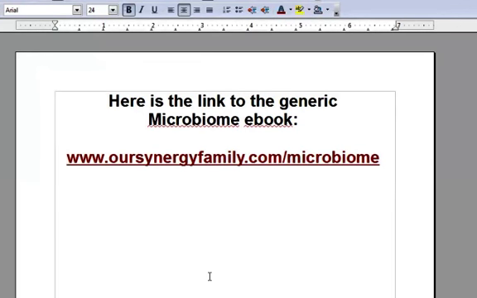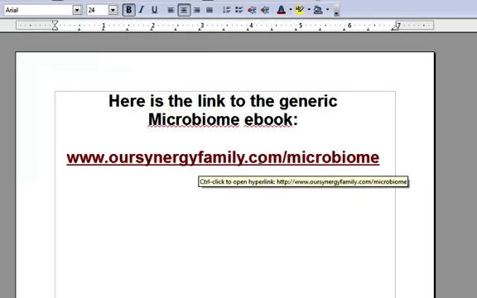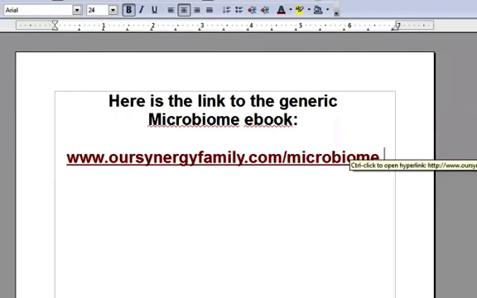So if you just remember that we're all part of our Synergy family, and if you want to get to the microbiome, after the .com, put a / in microbiome, and if you click there, that's going to take you to a website page that hosts this PDF, and that if there's any changes to the PDF, we'll then put those changes up onto this page. So this page will always contain the most current version of this ebook on the microbiome.